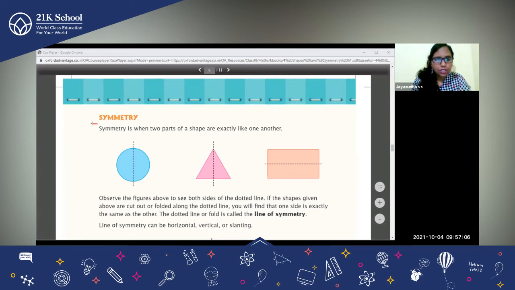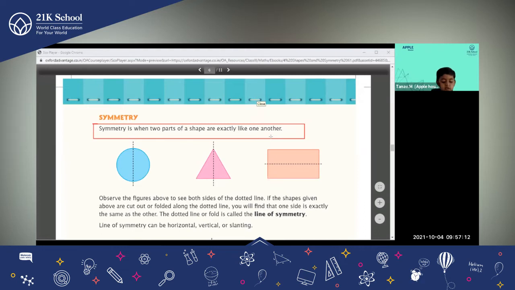Anam, can you read this? Symmetry is when two parts of a shape are exactly like one another. Observe the figures above. Thank you, only the first line. So what is given here? Symmetry is when two parts of a shape are exactly like one another.